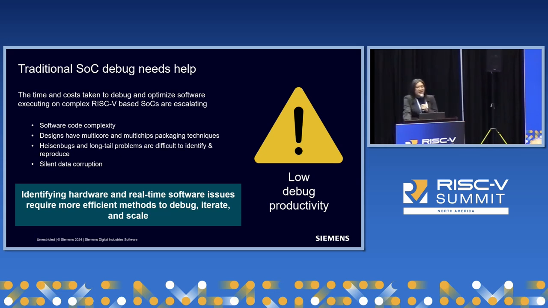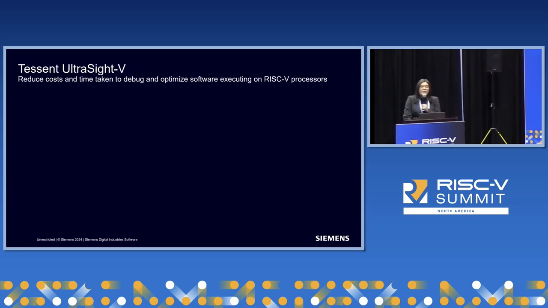So identifying hardware and real-time software issues in complex SoCs today actually requires multiple efficient methods to debug, and also to take into account that there are multiple iterations involved and it needs the ability to scale with complexity as well. So now I'm going to talk about Tessent UltraSight-V, which is our new RISC-V debug and trace solution that can help you reduce cost and the time taken to debug and optimize software executing on your RISC-V processors.